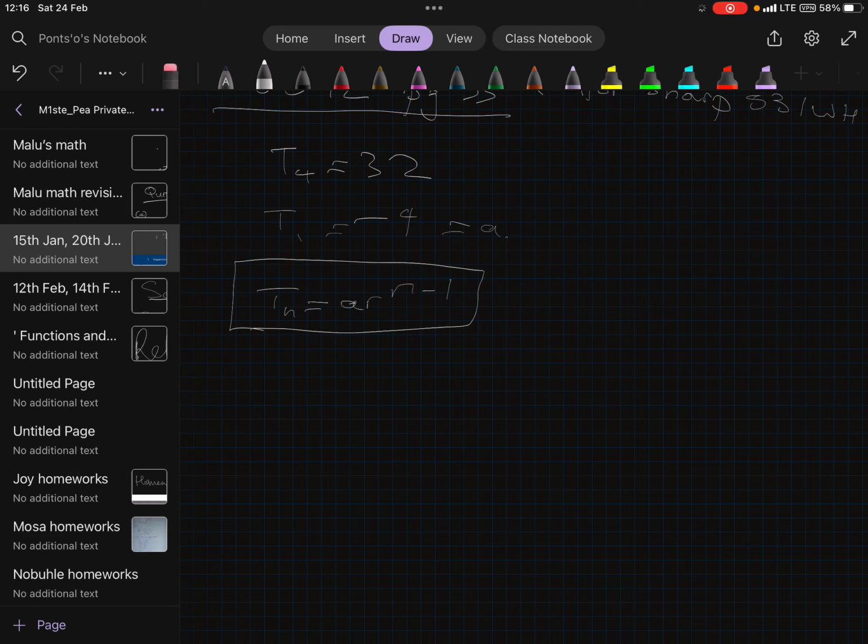We can work out the common ratio if we have the nth term, Tn, and the value of r to the power n minus 1.